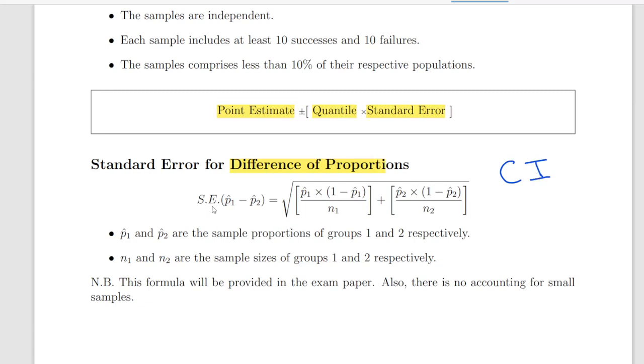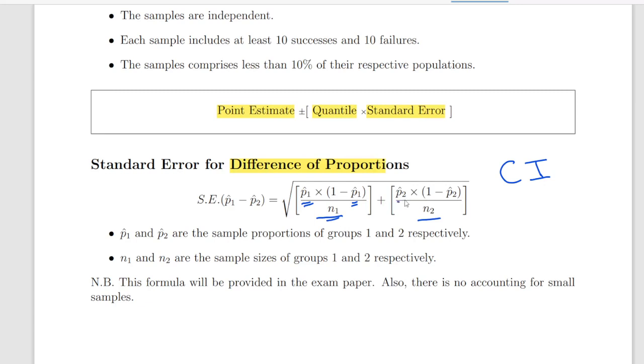Now, SE, standard error of p hat 1 minus p hat 2, is equal to two terms added together. Okay, and you should be familiar with them if you've done the standard error for one sample proportions. So the first term is p hat 1 times 1 minus p hat 1 over n1. So the first sample proportion times its complement divided by the sample size of the first sample.